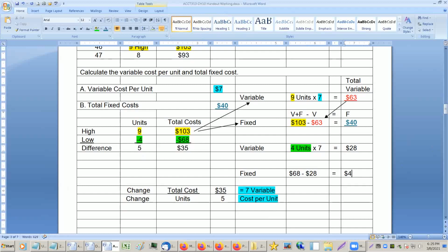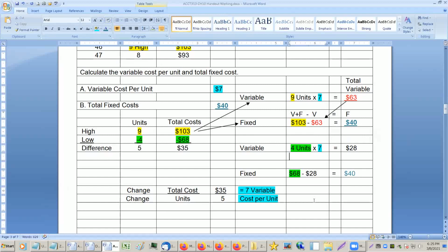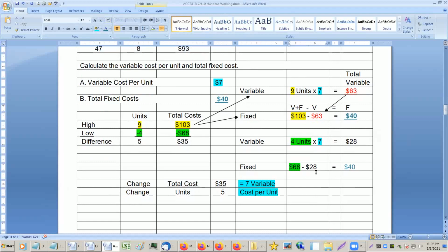And again, this is what you'd expect it to equal because it's fixed.